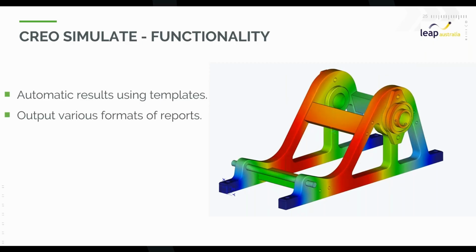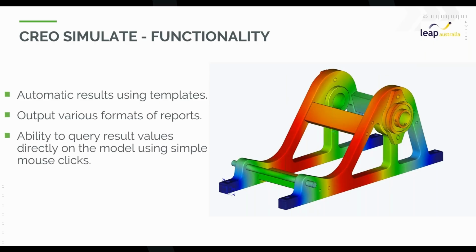And you also get outputs in various formats, which makes it very easy for all those engineering implementations. And you can query on those models. You can do deformation animation, and show how things are going to bend and so on. Now, another thing is that you have various plots as well to show you graphically how the part is going to perform.